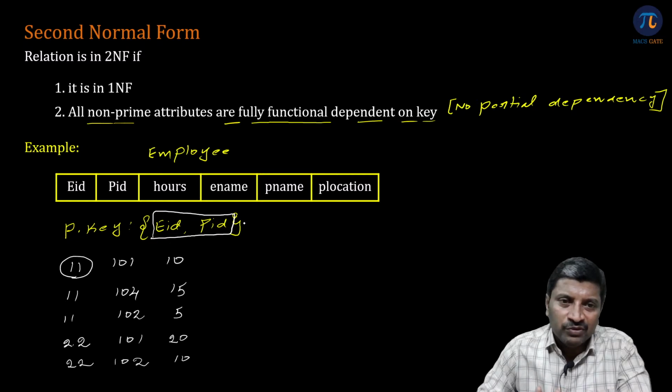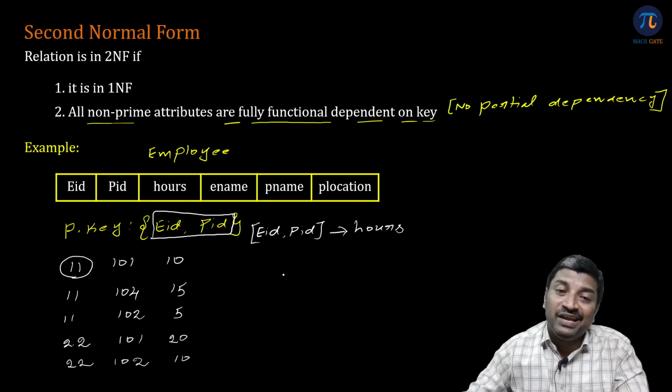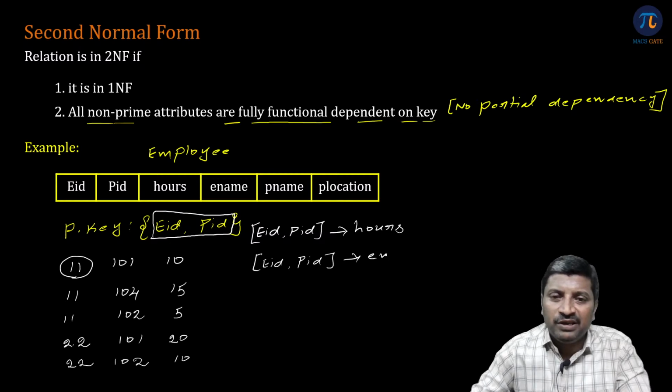Hope you understood it. Now, since it is a primary key, I can write employee ID, comma, project ID will imply the number of hours because it's a primary key. So it can imply any other attribute. Employee ID, project ID. By the property of primary key, it will imply e-name also.